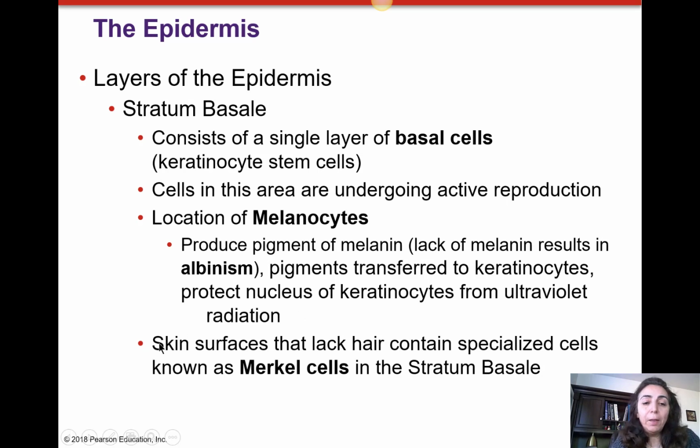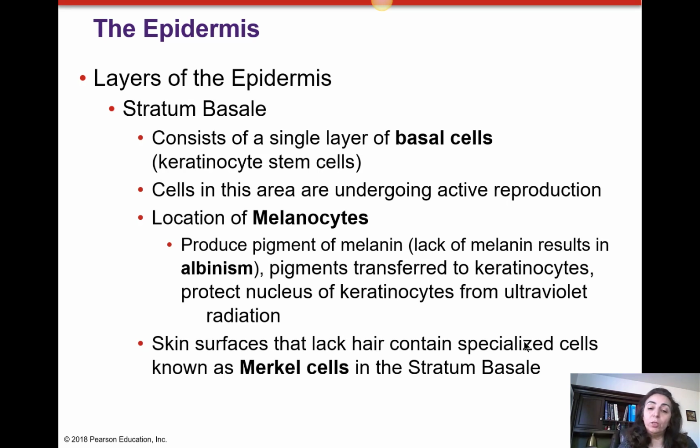And the skin surface that lacks hair contains specialized cells known as Merkel cells in the stratum basale. Pay attention that Merkel cells are seen in hairless skin, because not all skin over the body has hair. For example, the tips of your fingers do not have any hair, right?